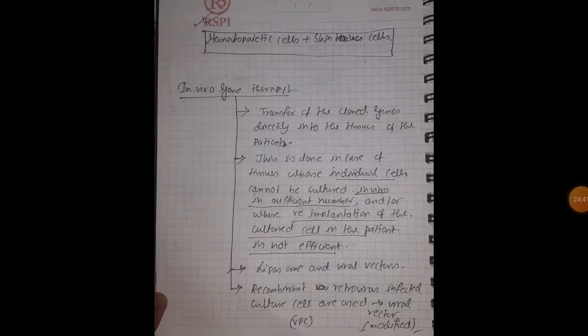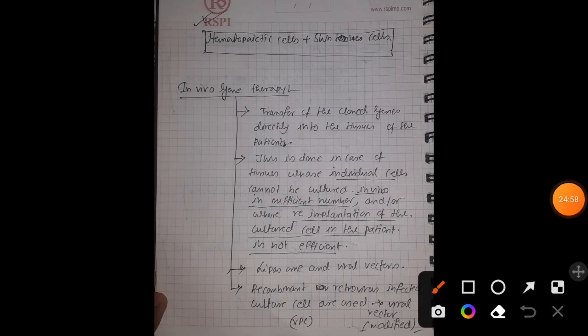It is also important to know why we developed in vivo gene therapy: for curing genetic diseases due to defects in genes in those tissues from which isolation of cells is not possible, and if we somehow isolate them, growing them in vitro is not possible, and if we somehow grow them, then reimplantation of the transformed cell is not easy.